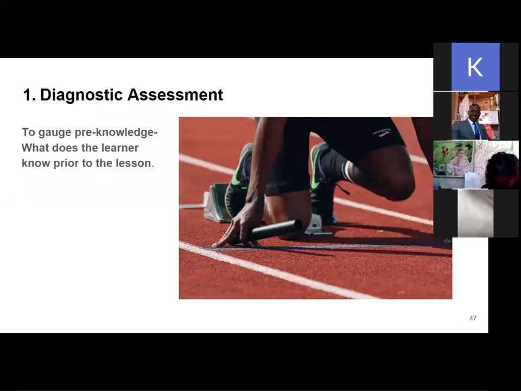So diagnostic assessments are basically what we call pre-tests. They usually serve as a gauge for how much preloaded information a student has about maybe a topic or a concept or a given knowledge area.